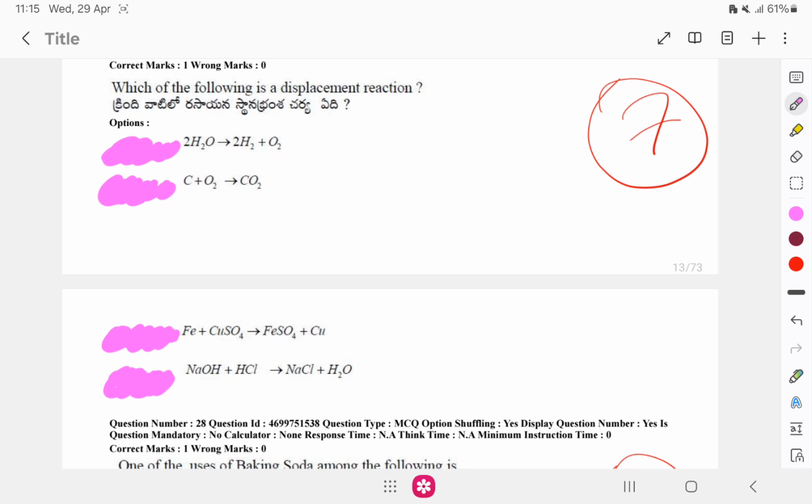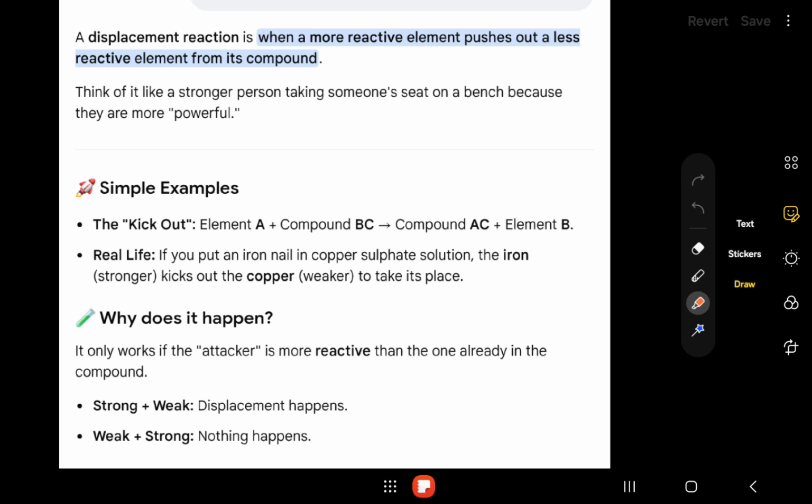Next question friends. Which of the following is a displacement reaction? See the options friends. I am giving you 5 seconds. 1, 2, 3, 4, 5. So, explanation friends.